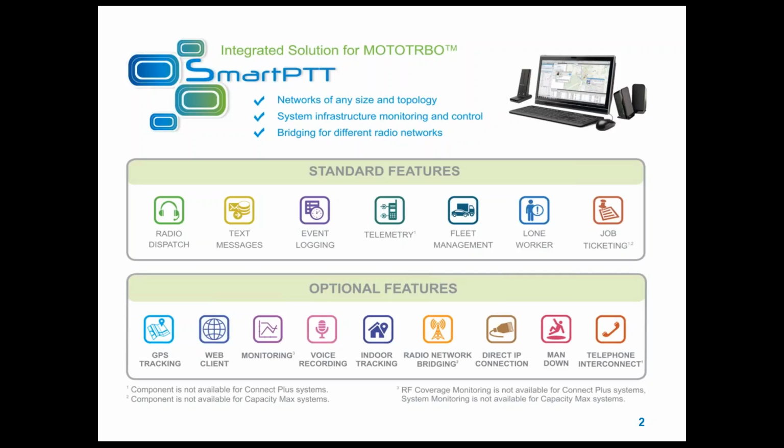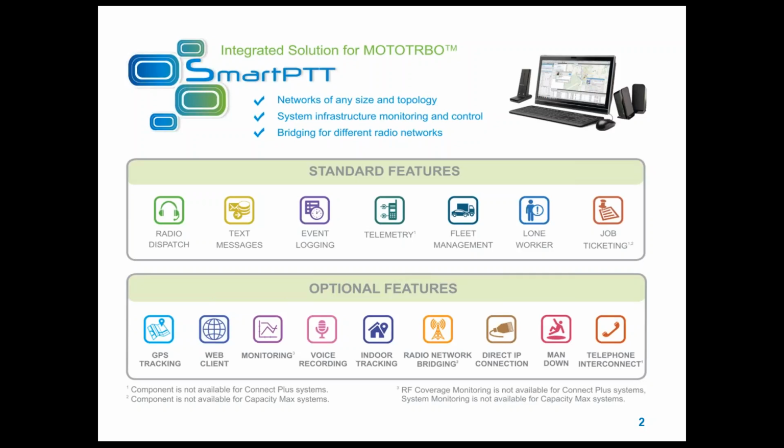With SmartPTT Plus, we can do direct IP connectivity for both voice and data using the NI data and the NI voice protocols. Now, the new E-Series radios from Motorola have a built-in man-down license that you can get.